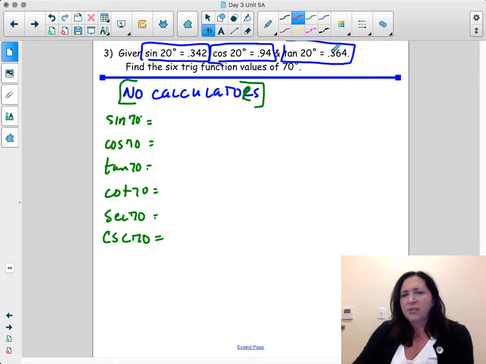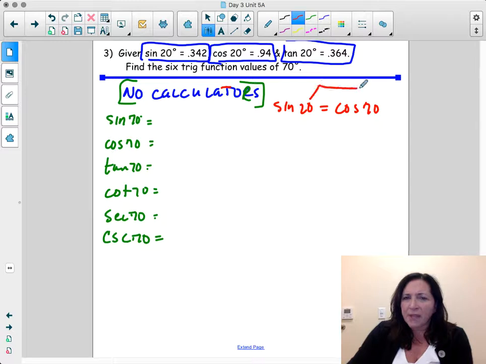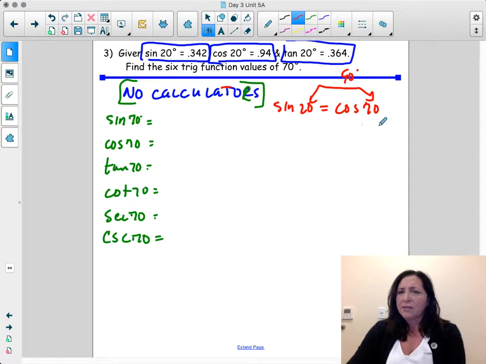I always suggest to my students that you should write down what you know, okay? What you know regarding cofunctions is this, that sine of 20 degrees is equal to cosine of 70. And what this means is that these two angles here have to add up to be 90 degrees, okay? These are called cofunctions, and they do need to be complementary.